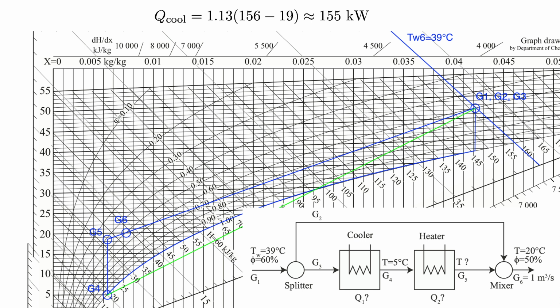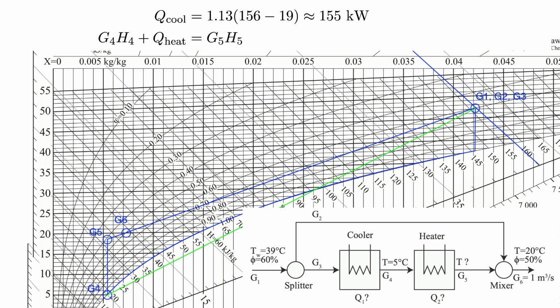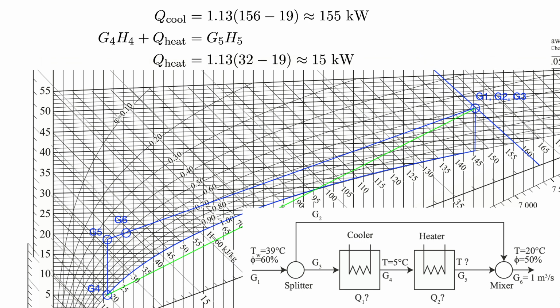An energy balance for the heater gives us G4 times H4 plus Q heat equals G5 times H5, and Q heat is then 1.13 times (32 minus 19), or 15 kilowatts.